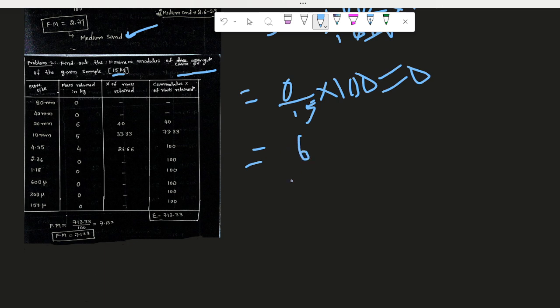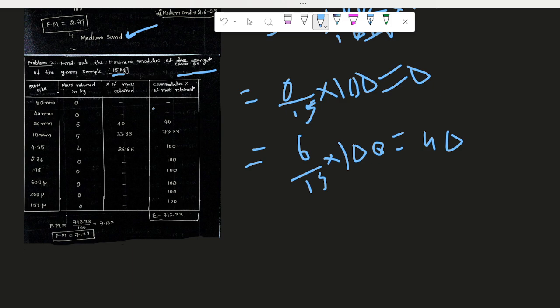6 by 15 into 100 gives 40. Similarly 5 by 15, and we do the same procedure for all values.